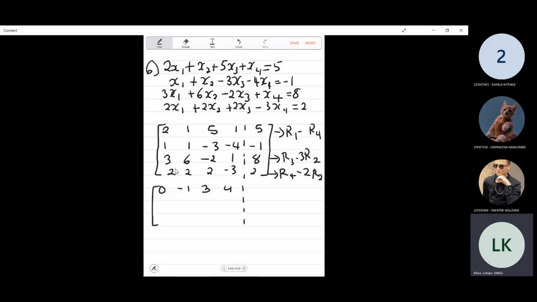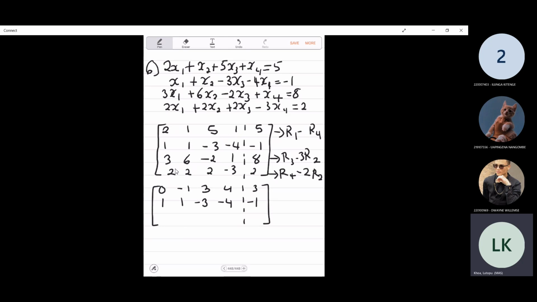And then I have 5 minus 2, which is 3. Then the second row does not change.